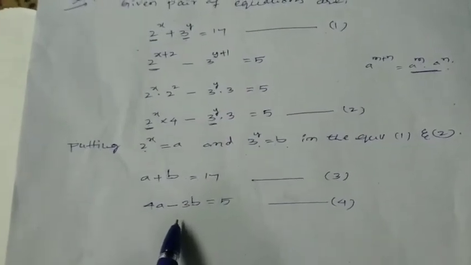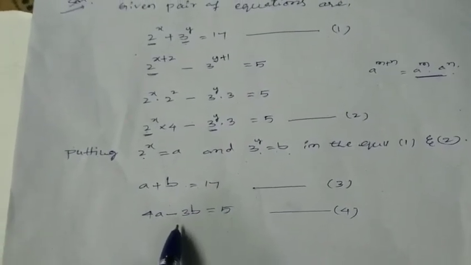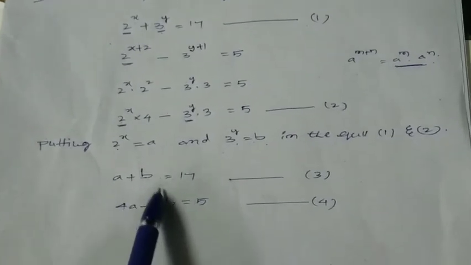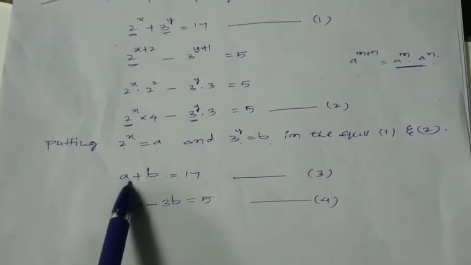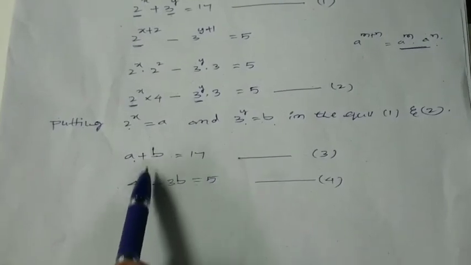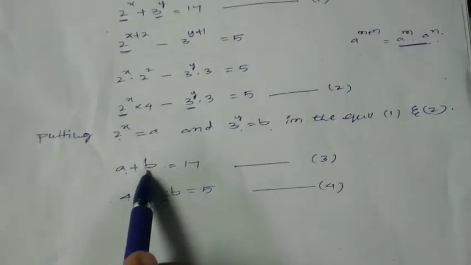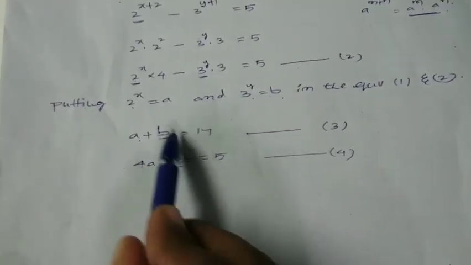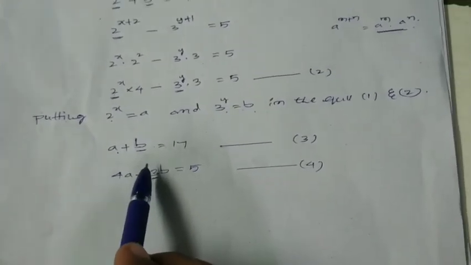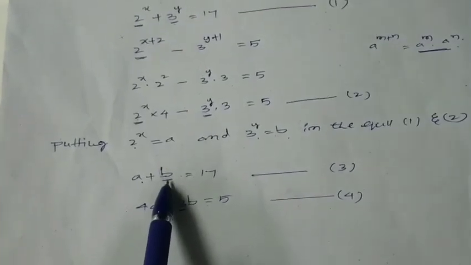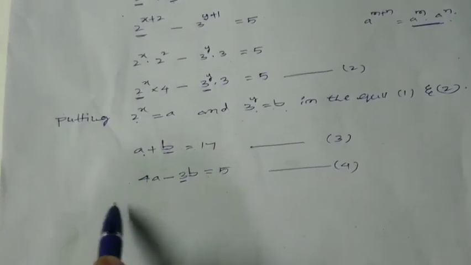To follow the elimination method, we have to make equal the coefficients of b or coefficients of a. Here we are going to make coefficients of b equal. Here 3 is there, no? If we get here also 3, their coefficients will be same. That's why equation 3 we are going to multiply by 3. Then b becomes 3b.